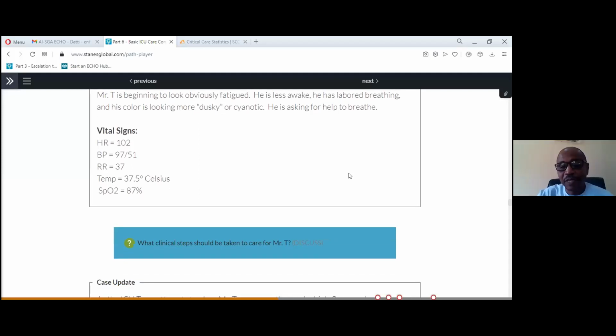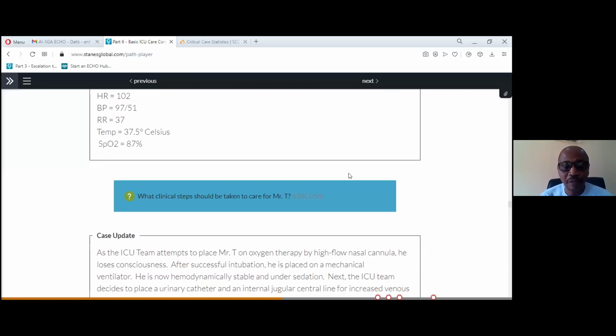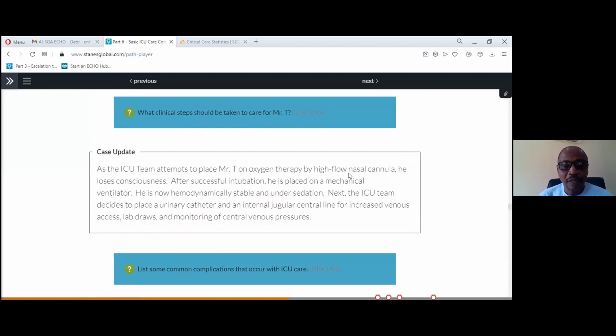Yeah, thank you very much. Quickly, we go down to the update on the patient. Now, as the ICU team attempts to place Mr. T on oxygen therapy by high flow nasal cannula, he loses consciousness. After successful intubation, he is placed on a mechanical ventilator, according to all your responses.